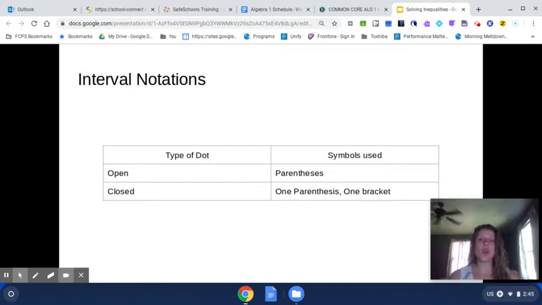If we want to write the inequality in what's called interval notation, we would use a parenthesis anytime we have an open dot. If we have a closed dot, we are going to have one parenthesis and one bracket. The bracket goes with the number that you want to include in your solution set.